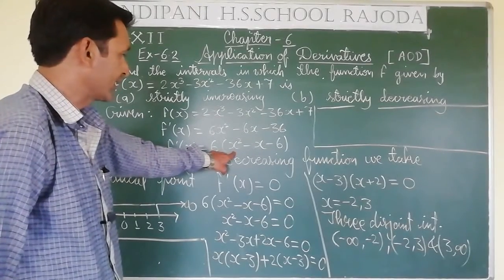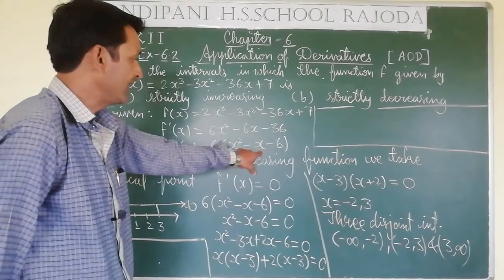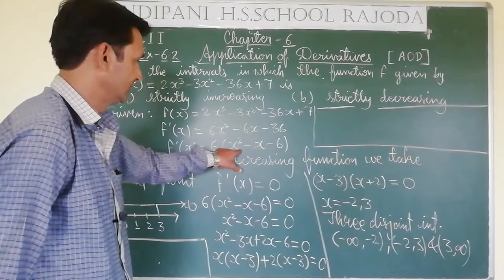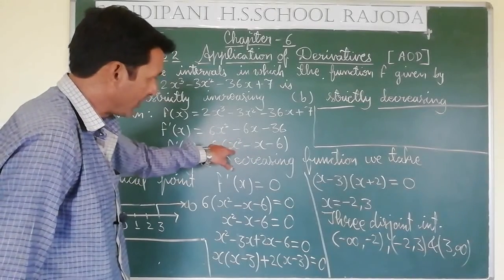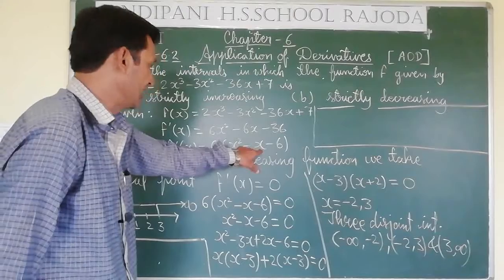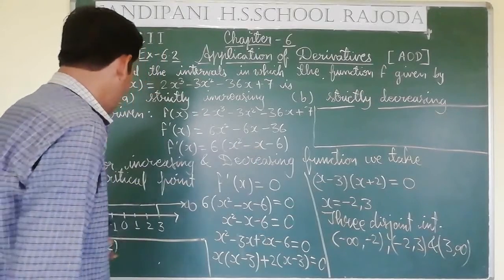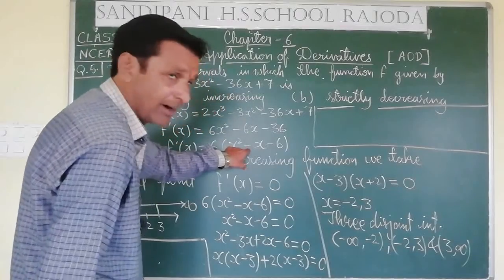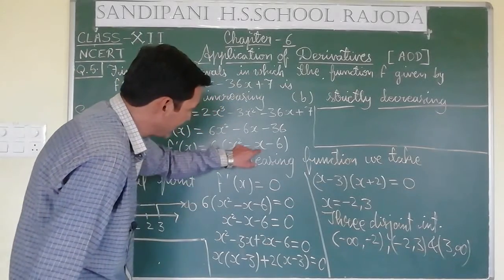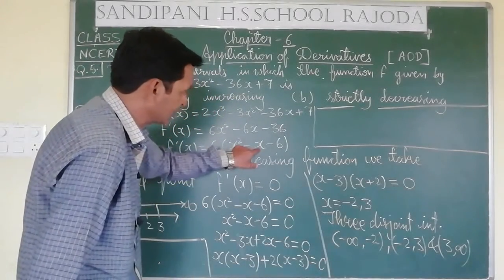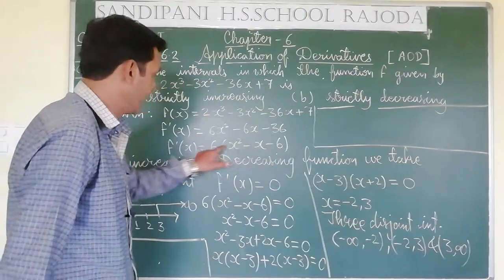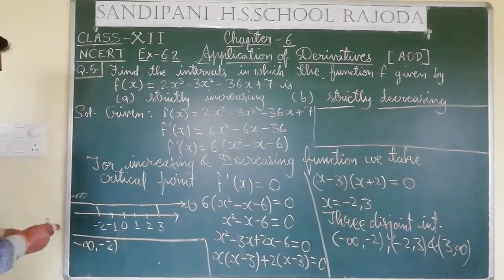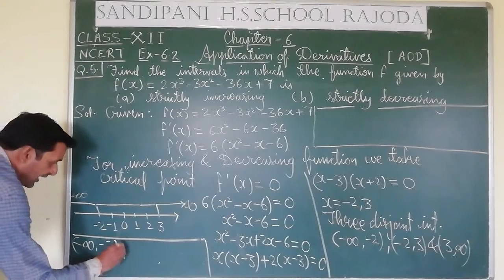Minus 3 square, that is 9, because minus 3 square is positive 9. 9 minus 6 times minus 3, minus into minus will become plus. So it will become 9 plus 3, that is 12. 12 minus 6 is 6 and 6 sixes are 36. So f dash x is what here?